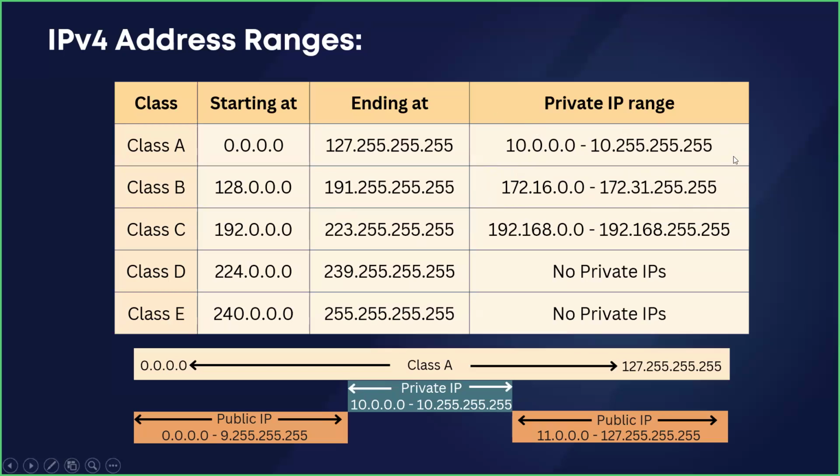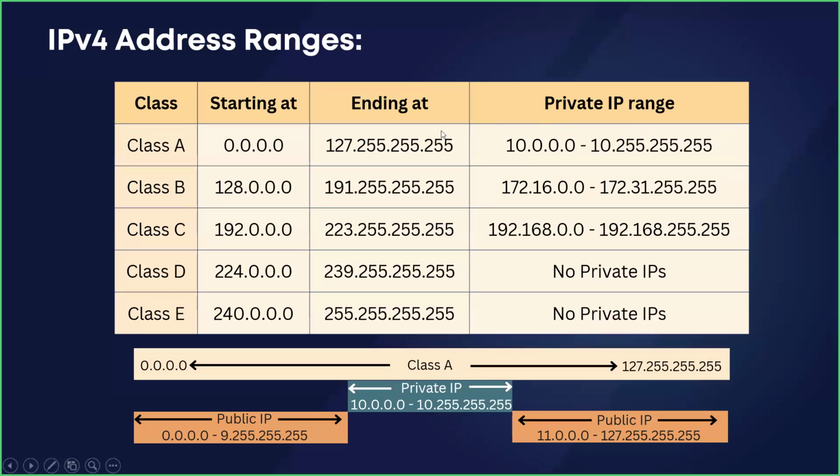Private IPs are the IPs that you can use in your local area networks, in your intranet networks. Public IPs are the IPs used by the ISP, Internet Service Providers, to give you internet access. You cannot choose your public IP, guys. It's provided by the ISP. But private IPs are in your control. You can assign any private IP of your choice to any device in your network.